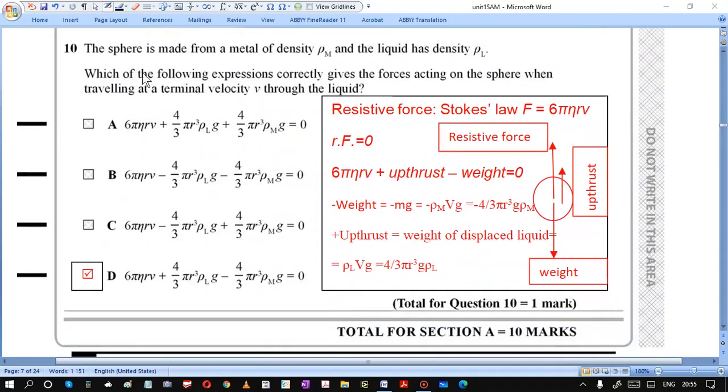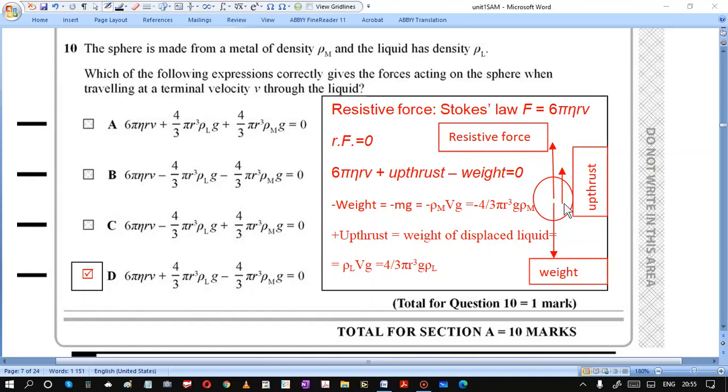The sphere is made from metal of density ρ metal and the liquid has density ρ liquid. Which of the following expressions correctly gives the forces acting on the sphere when it is traveling at terminal velocity through the liquid? We have the resistive force given by Stokes' law.